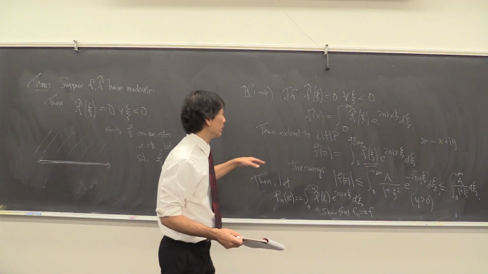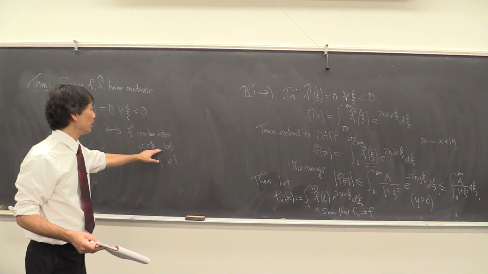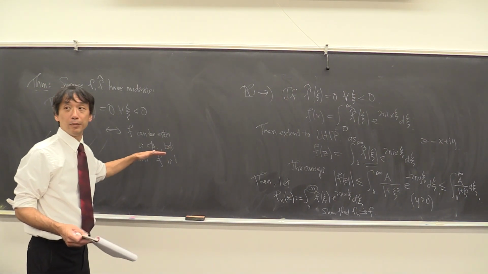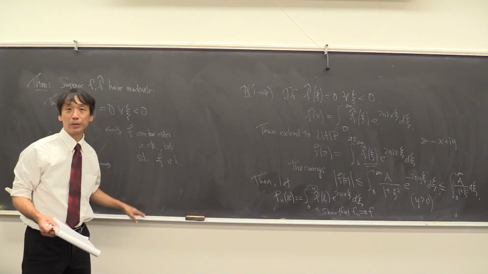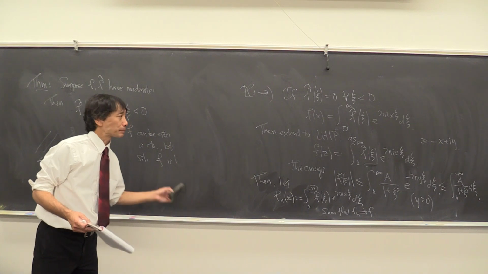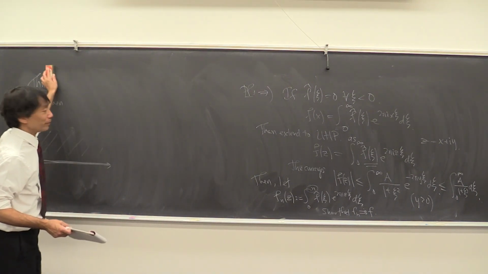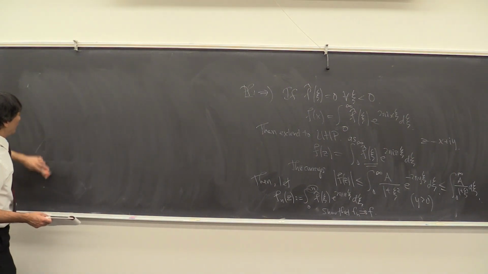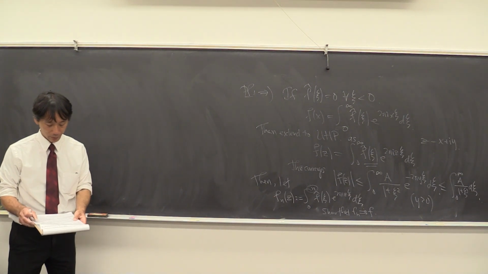That would also show continuity on the line, because uniformly convergent continuous functions converge to a continuous function. Okay, so I'm afraid that's all I'm going to show. The rest of it is almost left as an exercise.